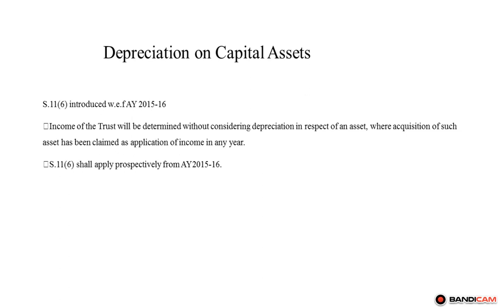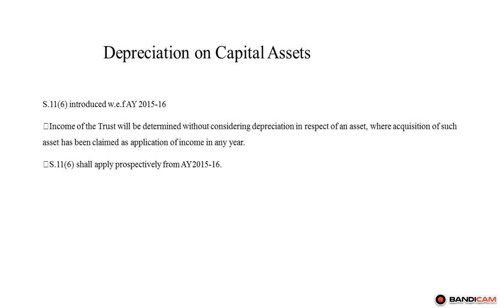Income of the trust will be determined without considering depreciation in respect of an asset, where acquisition of such asset has been claimed as application of income in a year. So we already studied that the capital asset purchased by the trust is treated as the application of the income, and it is not a capital expenditure for the trust.